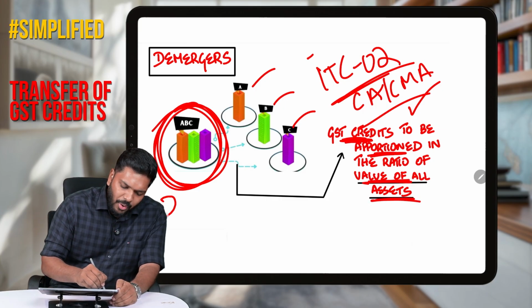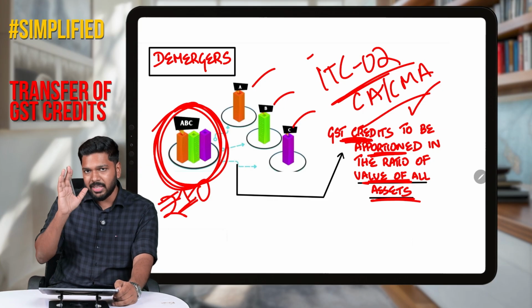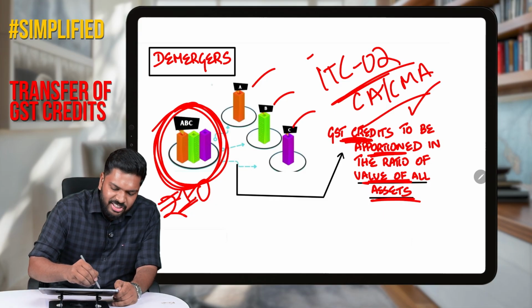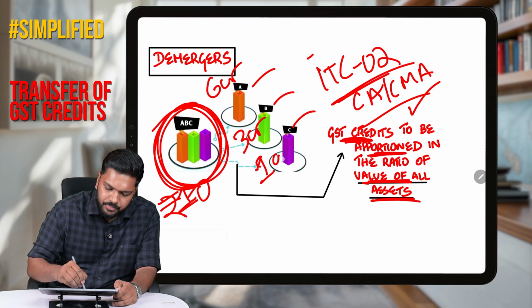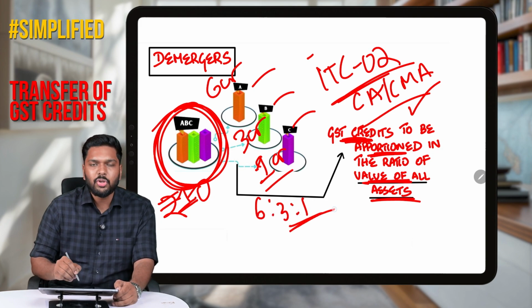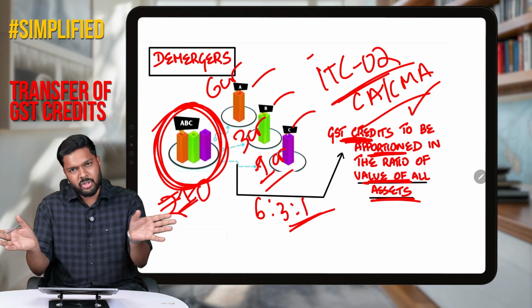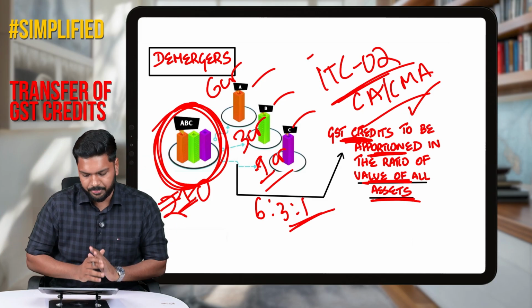So if the value of the entire assets in ABC company is, let's say, 10 crores, and 6 crore is the asset value in A, 3 crore in B, and 1 crore in C, then in 6:3:1 ratio, you need to apportion the ITC and then furnish the details in ITC-02 accordingly.